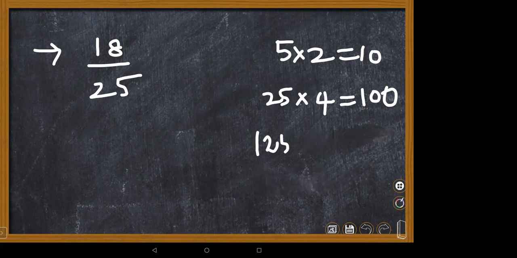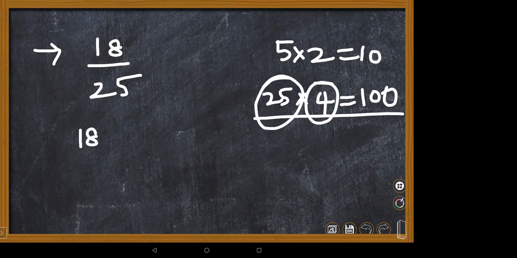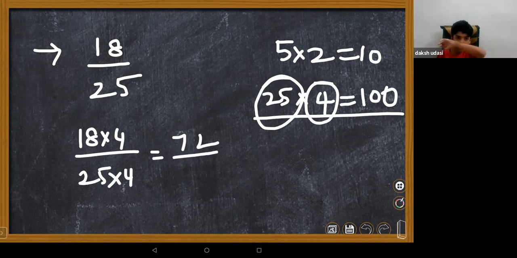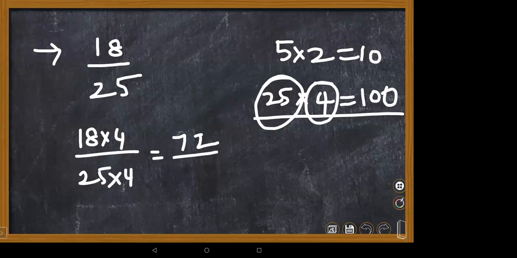Now in this question, the denominator is 25, so you need to multiply with 4. 18 multiplied with 4 divided by 25 multiplied with 4. So it's nothing but 72 by 100, and we can place 0 and 2 decimal places.